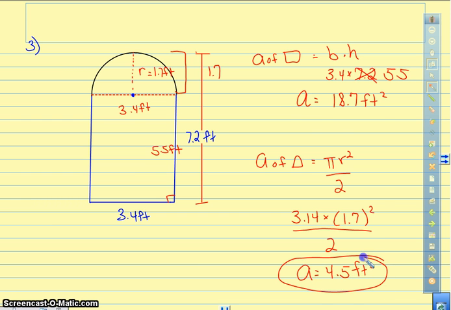Okay, once again within this problem, I'm going to add the two together. So 18.7 plus 4.5 is 23.2 feet squared.